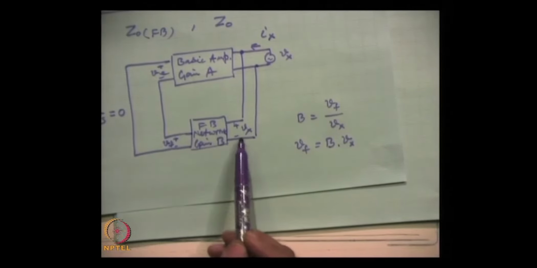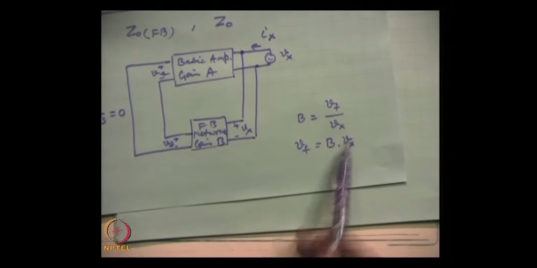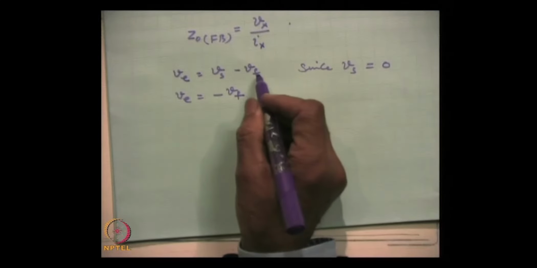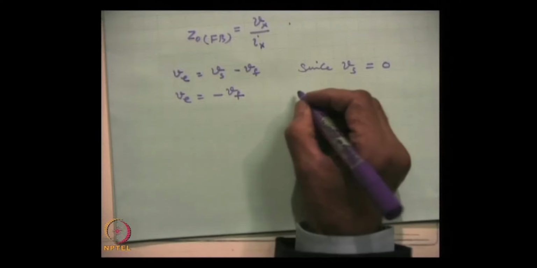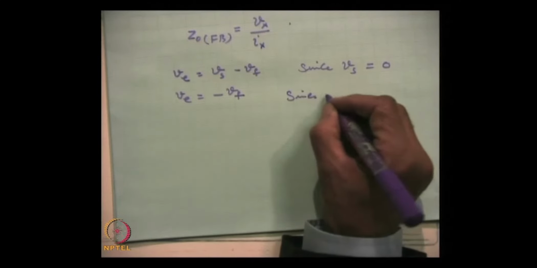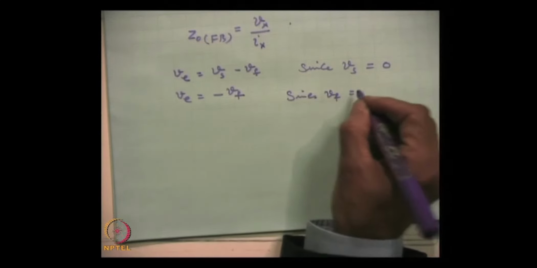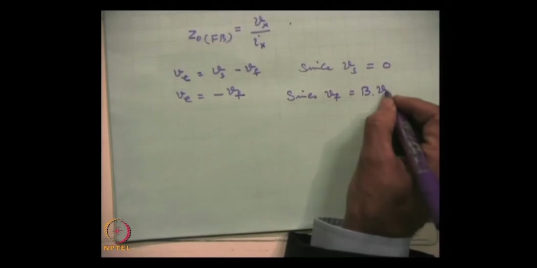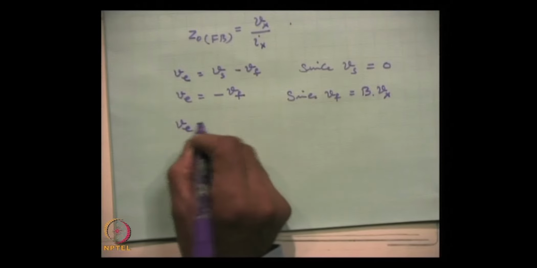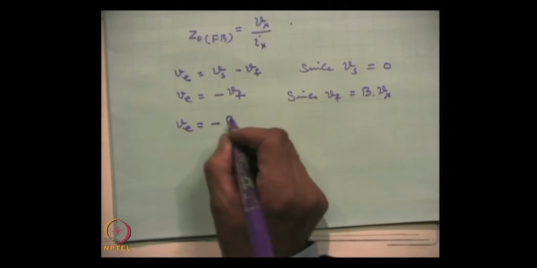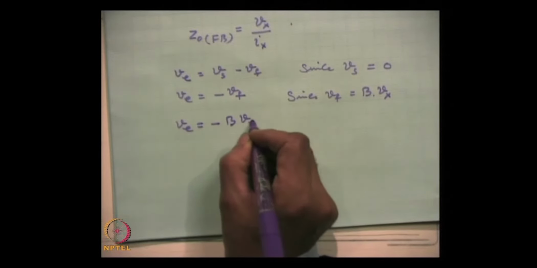So, output to input, this ratio gives V f equal to B V x, and that V f we substitute here. So, since V f is equal to B into V x, our error voltage becomes minus B V x.